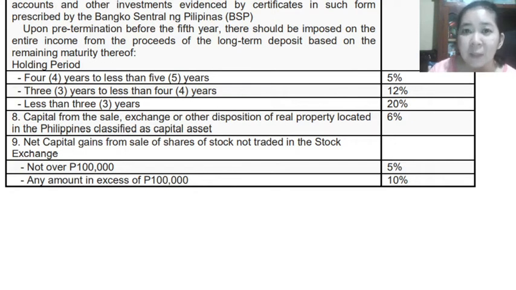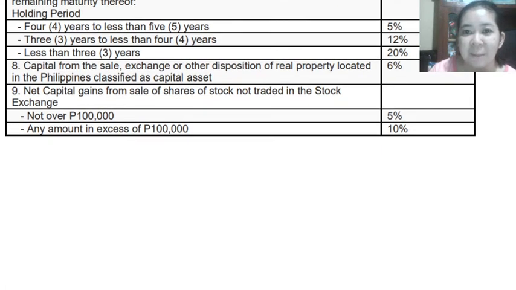But please take note that this sale is only a one-time sale, meaning they are not a real estate developer that usually sells house and lots. This one is a personal real property of the taxpayer, and he sells it because he has some personal reasons. So if he gained from that sale, the gain will be taxed 6%.